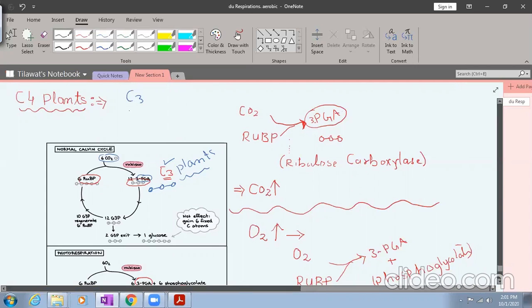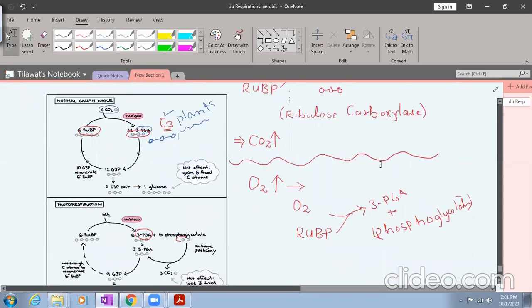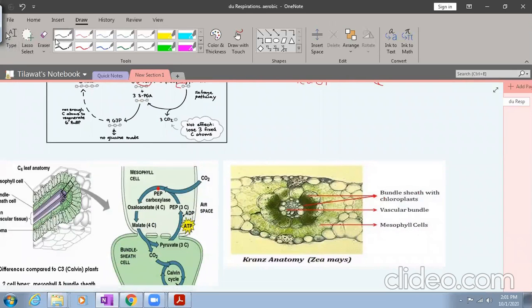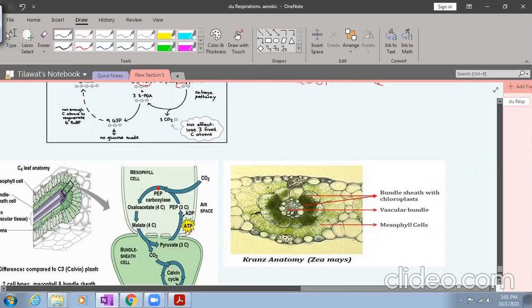Because of that adaptation, the Calvin cycle in that plant happens in another way. And through the Calvin cycle in that plant, the first product produced is what? A 4 carbon molecule.